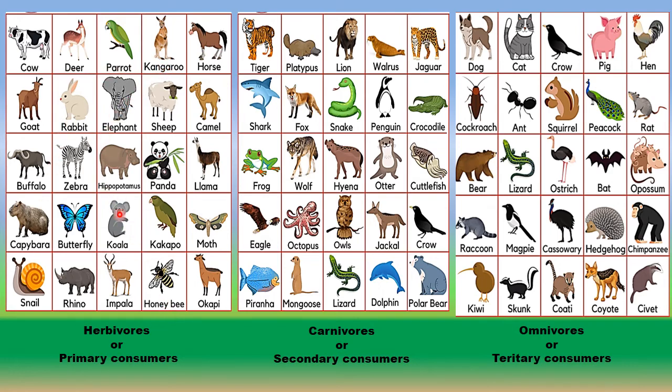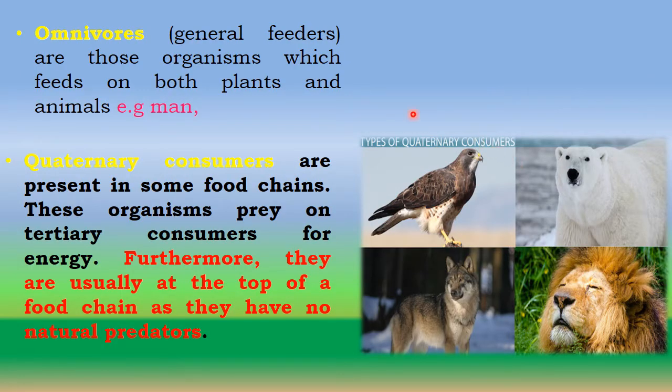Similarly, these are the pictures of carnivores, or secondary consumers, and these are the omnivores, or we can say tertiary consumers. They are dependent upon the secondary consumers. They also eat meat as well as grasses. General feeders are those organisms which feed on both plants and animals.